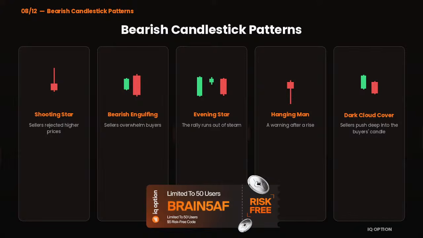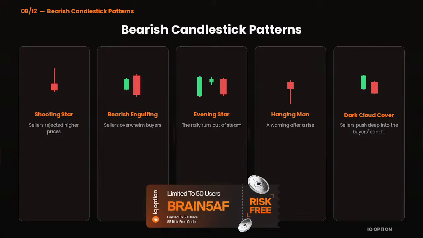A shooting star is a small body near the bottom with a long tail or a long wick pointing upward. So it is appearing after a rise. And what happened is that just like before in the bullish momentum, here buyers tried pushing the price to a new high during this candle, but then sellers slam the door and come in fiercely and drag the market back down before the close.